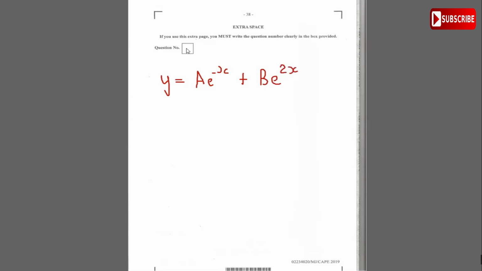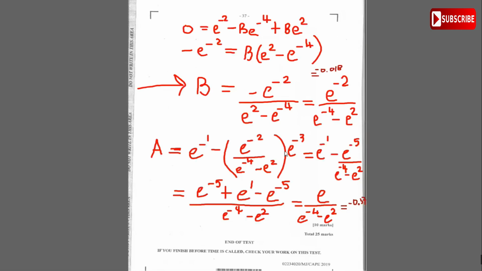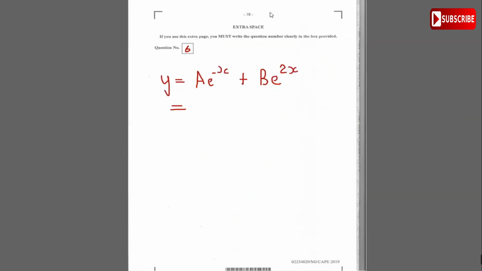Tell them that this is question number 6. That's going to be equal to what we said was a, this was a, and this is being multiplied by e to the minus x.